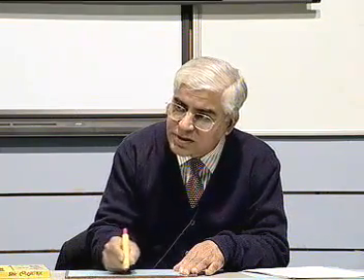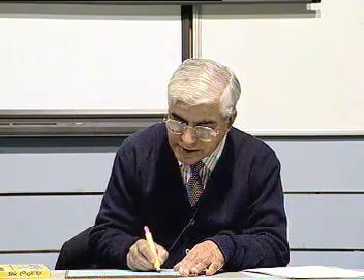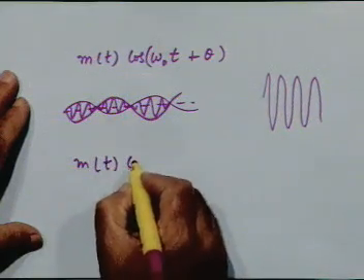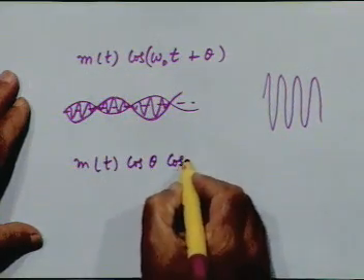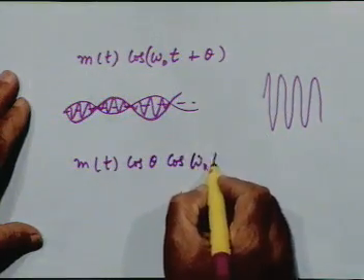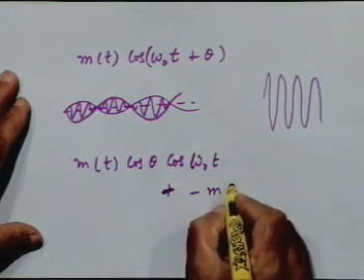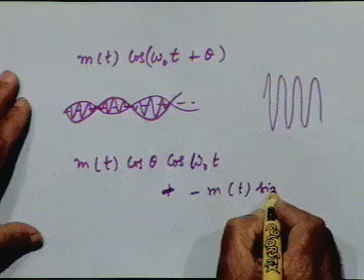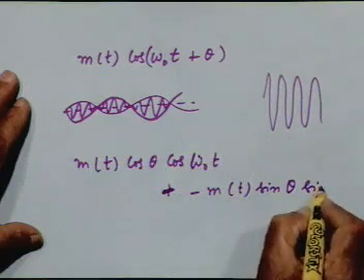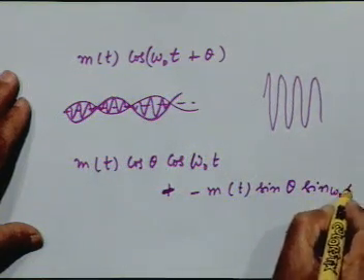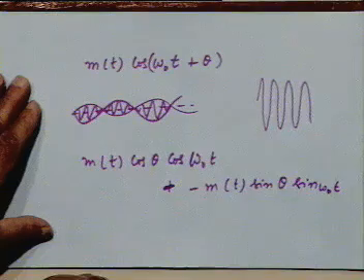Okay, let me do a slight expansion of this trigonometric identity. This is m of t cosine theta cosine omega naught t minus m of t sine theta sine omega naught t. So what is the instantaneous amplitude?